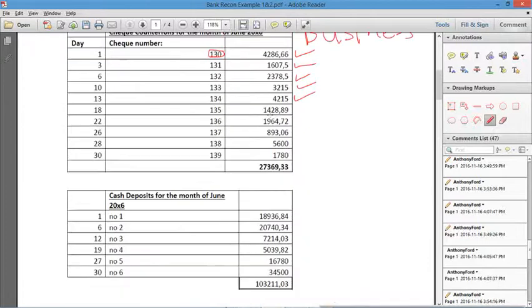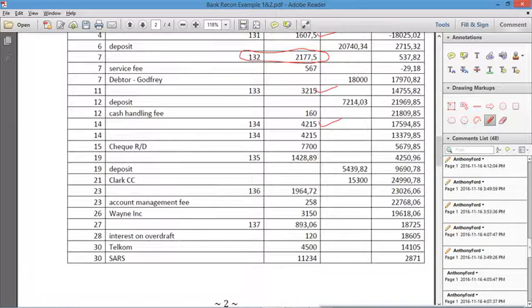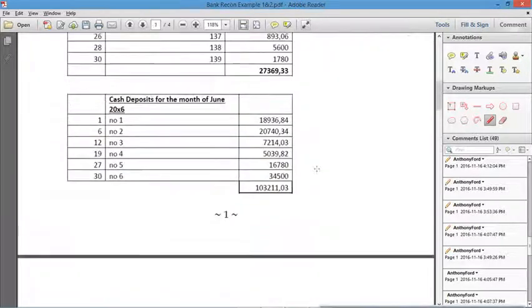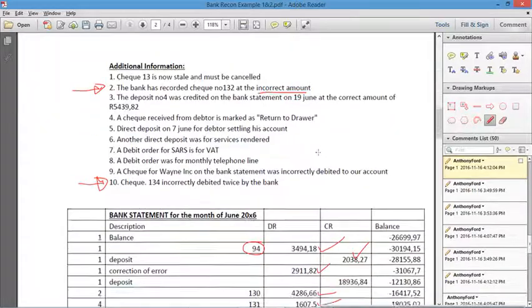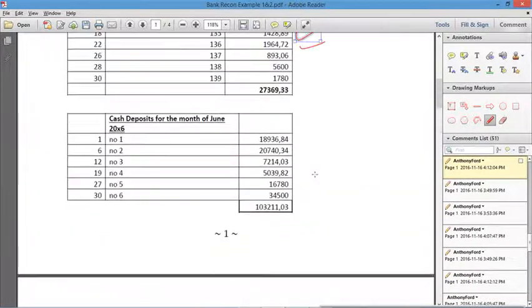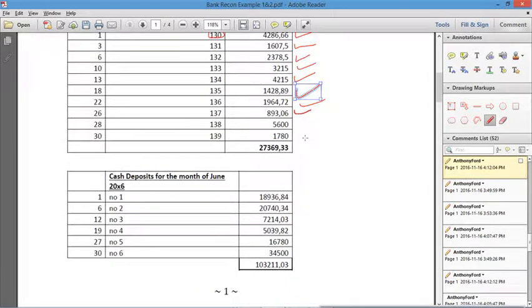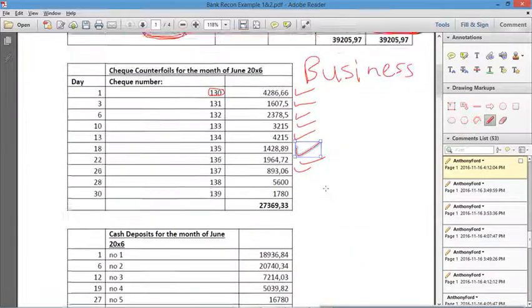135 is there. Is it the right amount? 114.89, yep. Next one. Yep. Next one. The only ones that aren't there were 38 and 39. Right, so you've got these two.